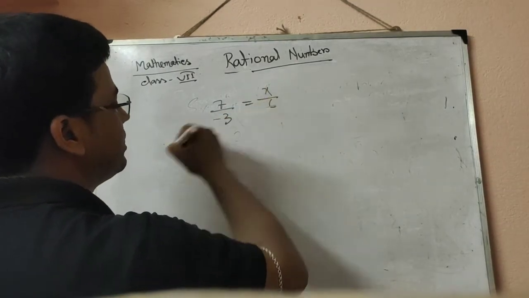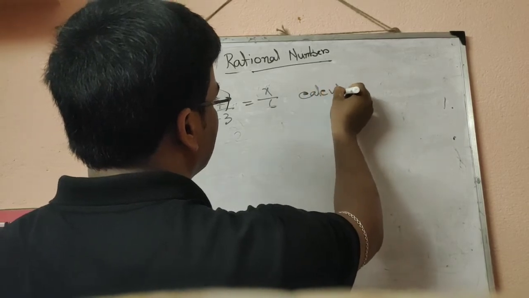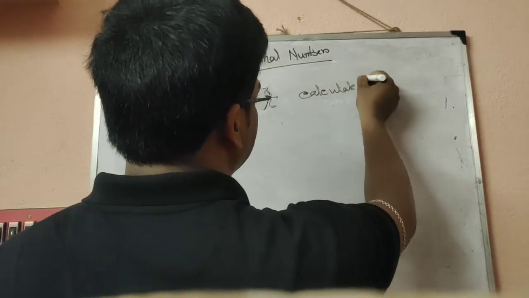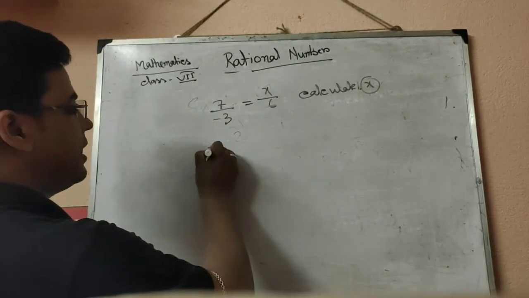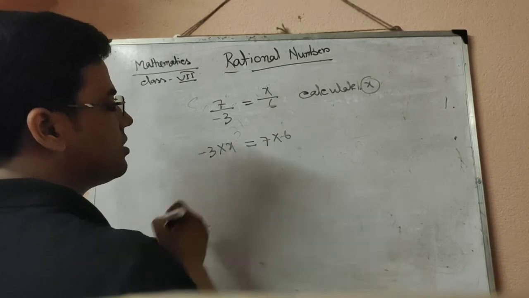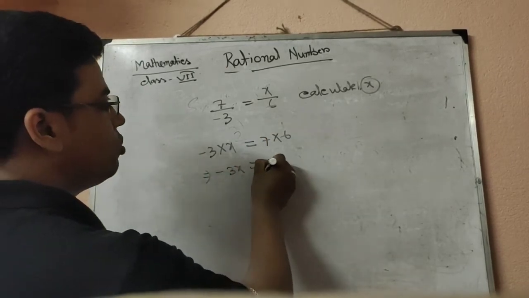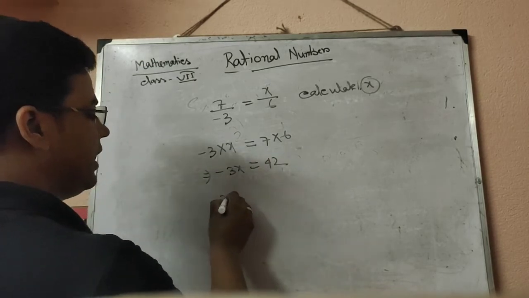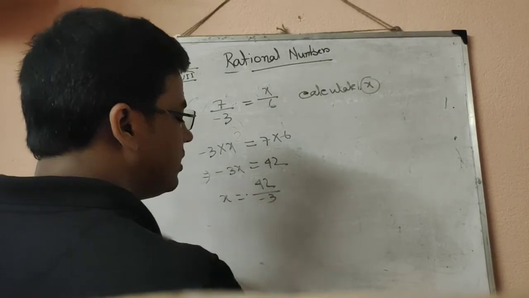Now another calculation. Suppose 7 by minus 3 equals x by 6. Calculate x. By the cross multiplication process, minus 3 into x equals 7 into 6. Minus 3x equals 42. x equals 42 by minus 3.